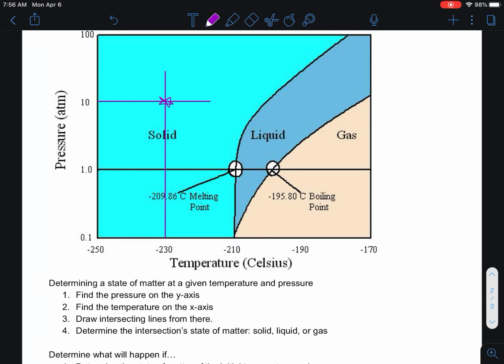What if instead we said 99 atmospheres of pressure and negative 175.